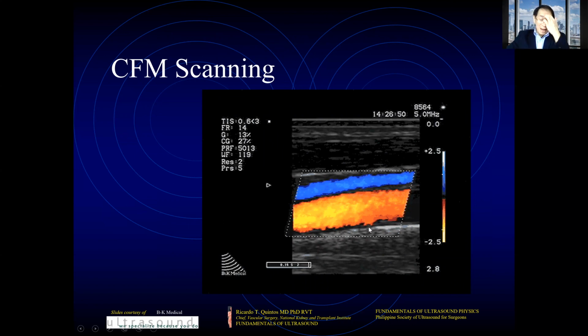So by convention, if you have an arterial flow, they just set the direction of flow so that the Doppler color is set to red, and the color direction is set to blue for the veins, because we do know that their directions are generally opposite to each other. So that is what is called color flow scanning.